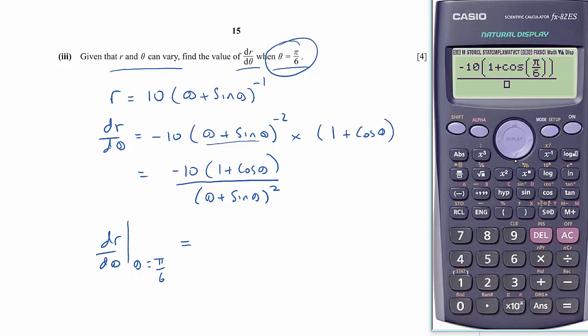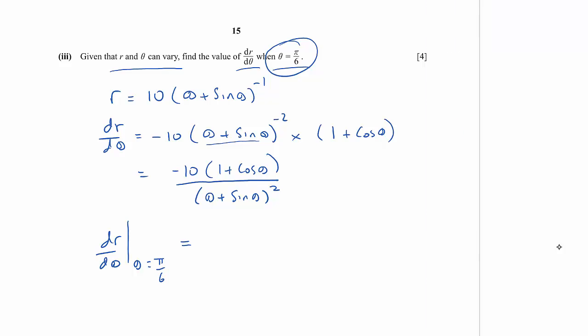And on the bottom we have pi by 6 plus sine of pi by 6, and we need to square all of that. And that gives me negative 17.81.